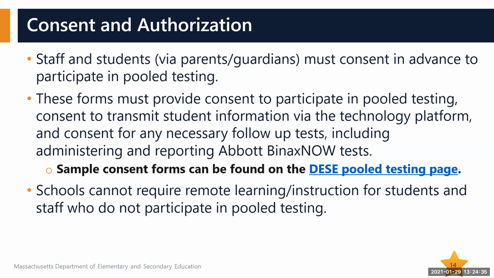So, I'm a parent of a child in high school. I'm anticipating that at some point I'm going to get a message from my child's school to say, here's how you can sign up with Project Beacon or Ginkgo or CIC, and here's how you can consent to participate in pool testing through their platform. I don't anticipate that I'll get a paper document home that I need to sign and return to the school.